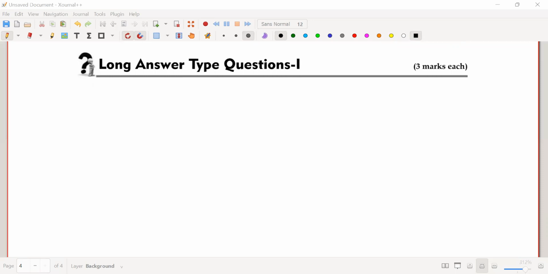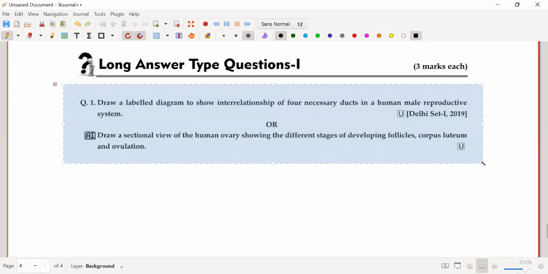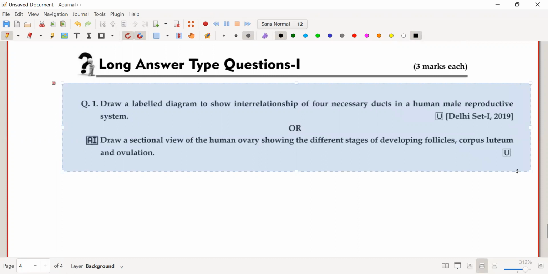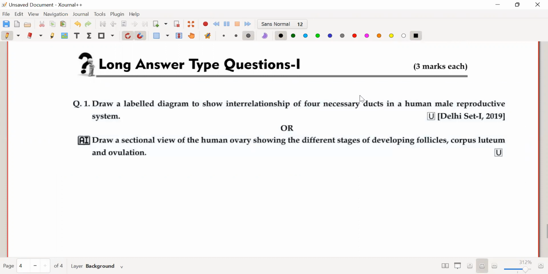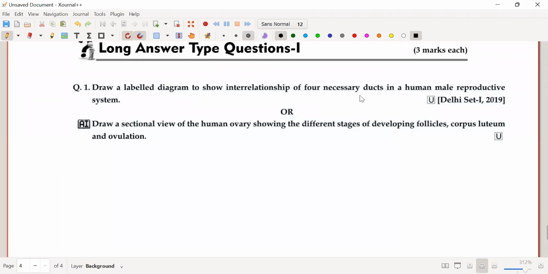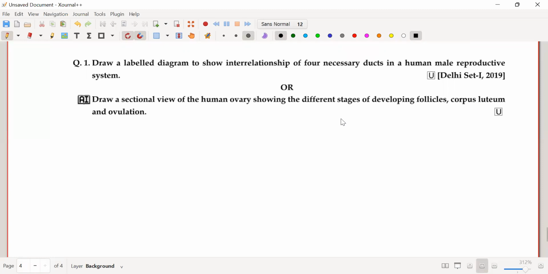Questions like these: draw the labeled diagram to show the interrelationship of the four necessary ducts in human male reproductive system, or draw a sectional view of human ovary showing the different stages of developing follicle, corpus luteum, and ovulation. Questions like this. You draw this or this.